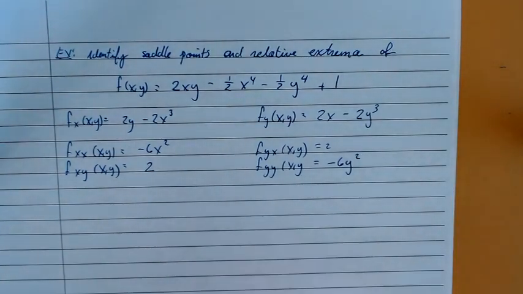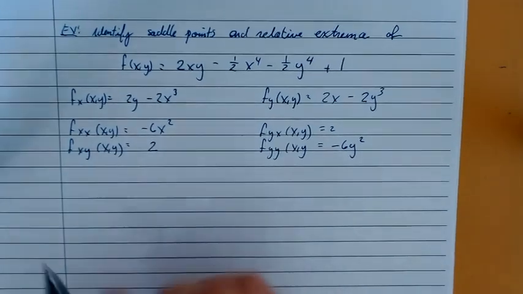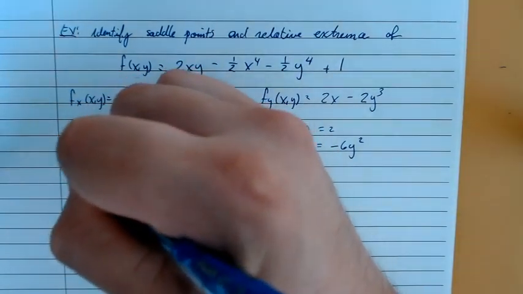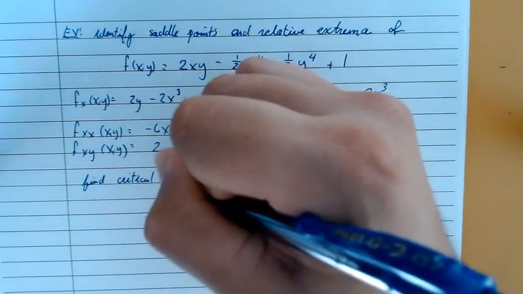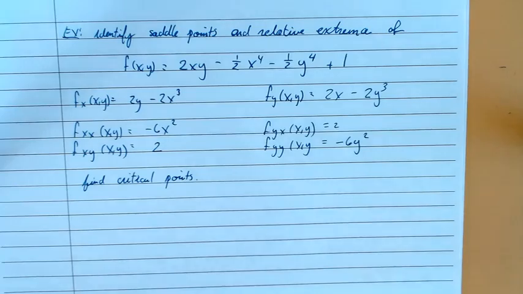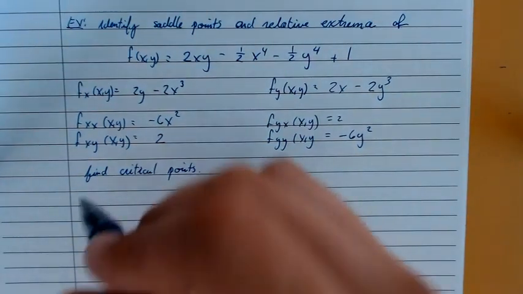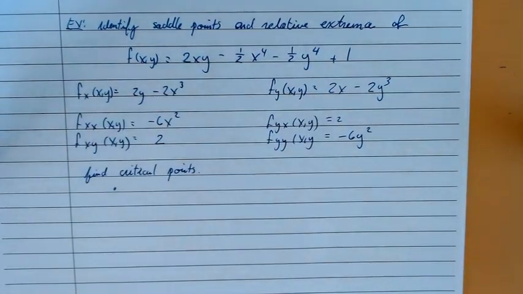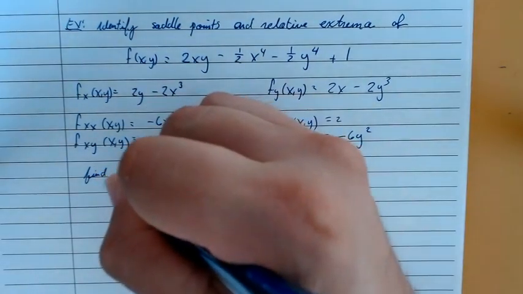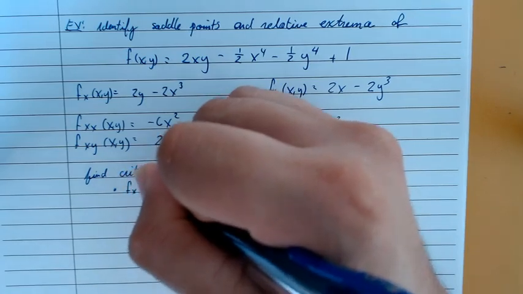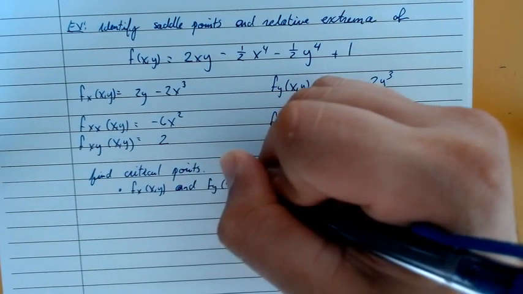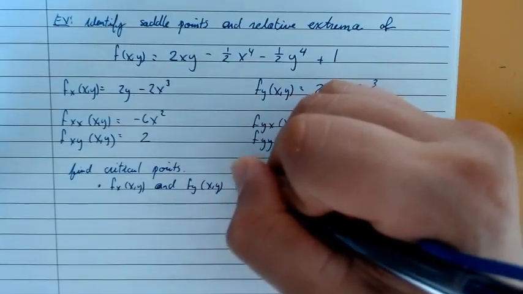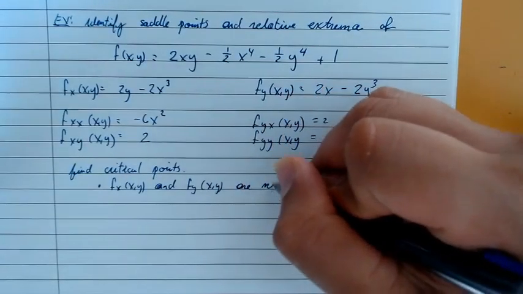Okay, so now we're going to go ahead and find our critical points. First of all, we want to find if the first partials are ever undefined, and again, they're polynomials, so no, they're not. f sub x and f sub y are never undefined.